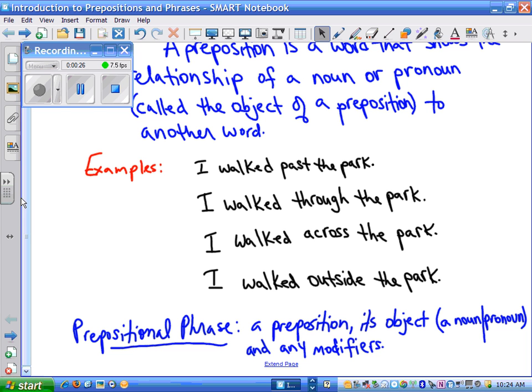I walked past the park. Past is our preposition. And what follows, we're going to call our prepositional phrase.